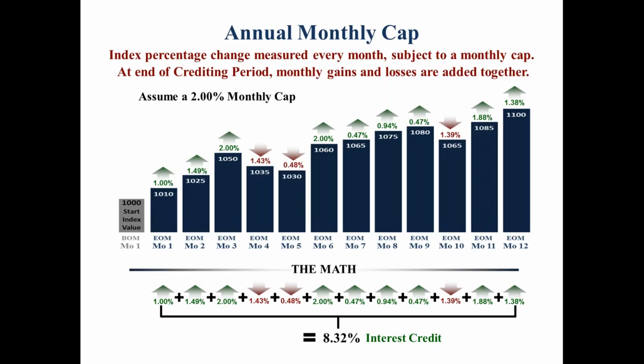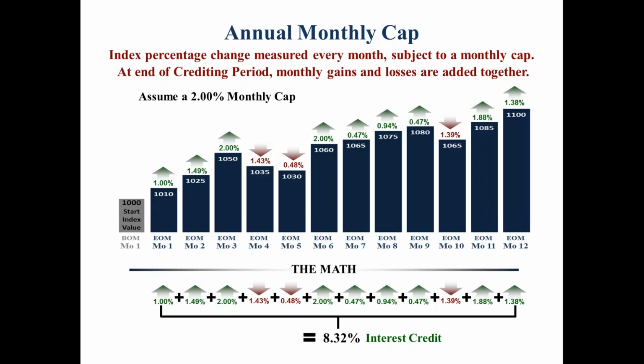Well, when this strategy first came out, it was really heralded and it was marketed a little bit deceptively, and I'm going to show you why. If we have a 2% monthly cap, then 2 times 12 is what? 24%, right? And this type of strategy was marketed as you have a 24% gain potential with no downside risk. And that's actually technically true.